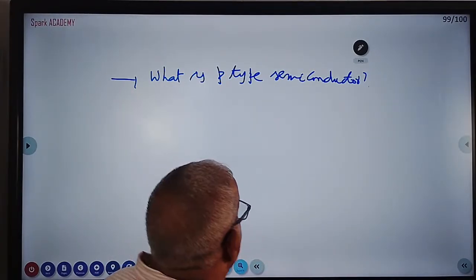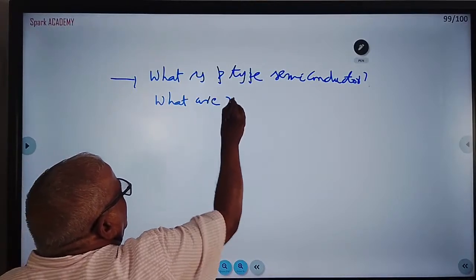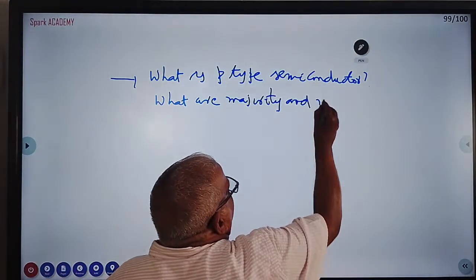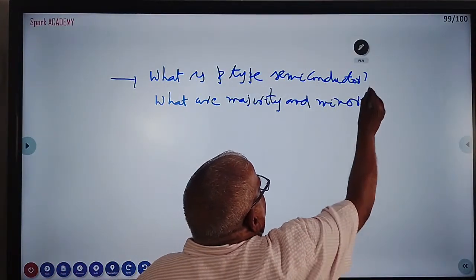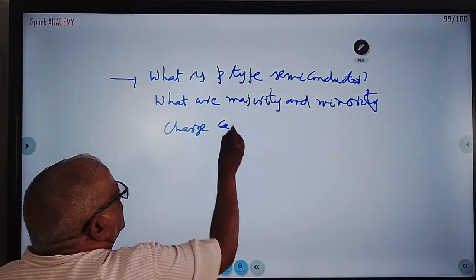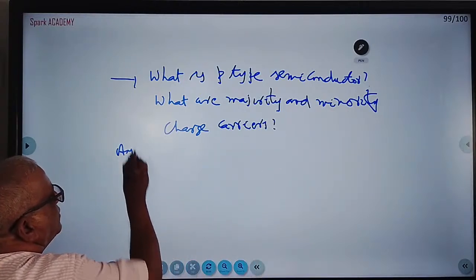What are the majority and minority charge carriers? How is a P-type semiconductor formed?